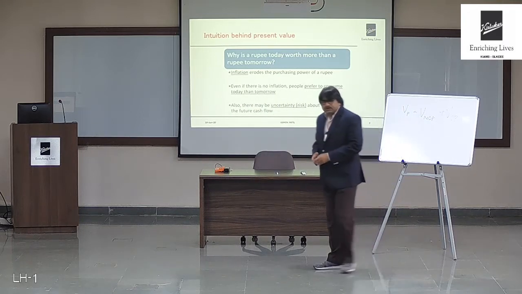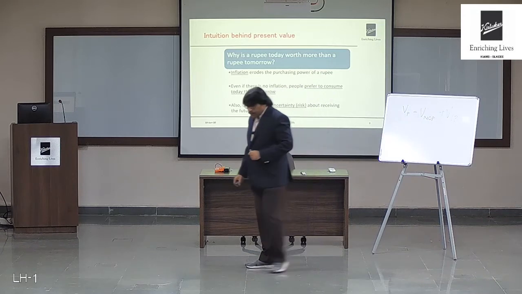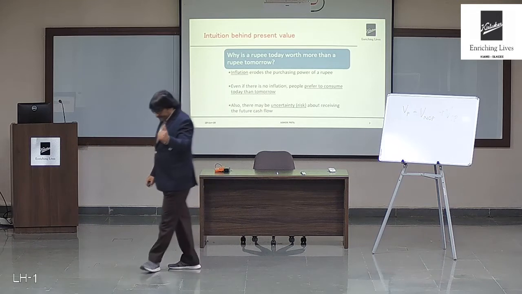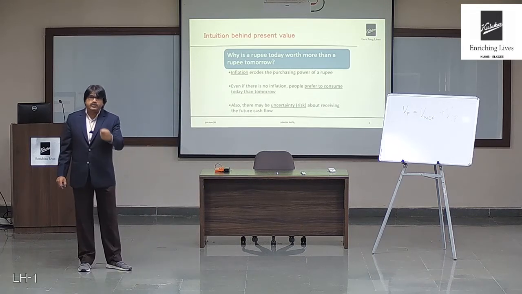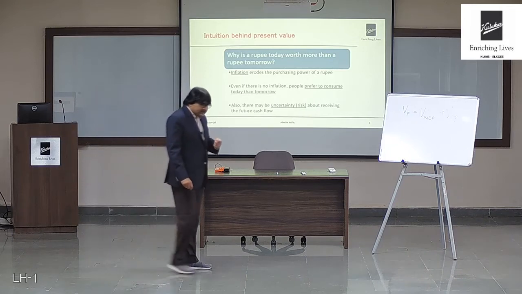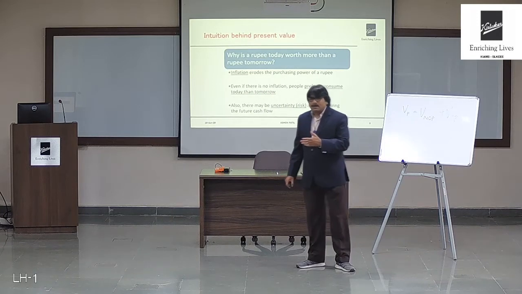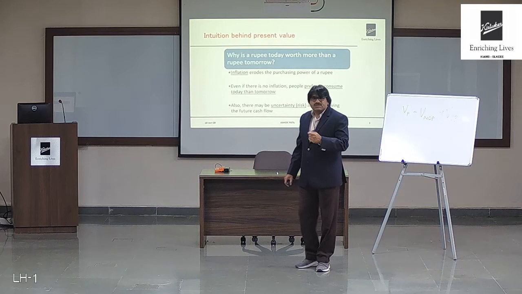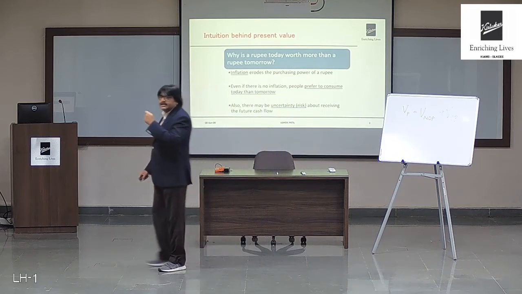Remember, I ask you to lend me 100 rupees today. So what are the things which will come to your mind? First thing is that if I'm going to return a certain amount back to you after 1 year, how much should that be? It should be 105, 106, or whatever number. So that has to be decided by the opportunity cost or the inflation in the economy.